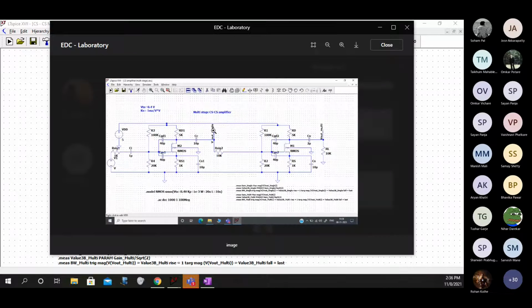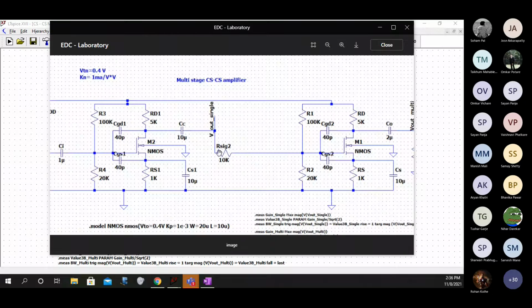Joes, your this thing, na? See here I can see V underscore out underscore single. Is that so? Yes, sir. So what will happen? When you try to run this dot measure command, it will not understand this. So it will give an error. So change this to V out underscore single.